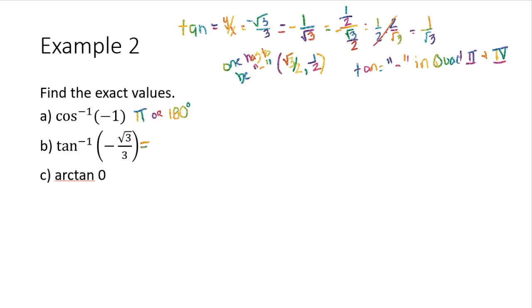All right, that's going to be at 5 pi over 6, or 150 degrees. And it's also going to be at 11 pi over 6, or 330 degrees.